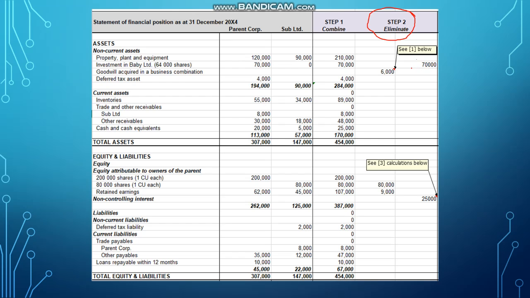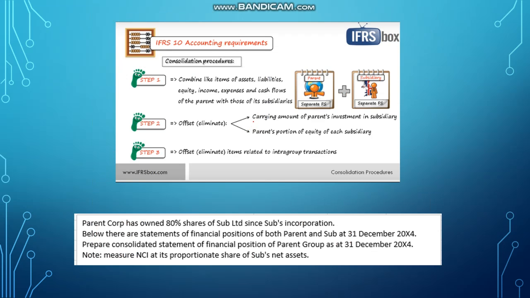So the first thing that we'll do is we're going to eliminate the investment in the subsidiary company's accounts. As you can see, we're currently on step 2, where we'll be using both of these sections here. We'll be eliminating the carrying amount of the parent's investment in the subsidiary and the parent's portion of equity in the subsidiary as well as doing step 3, which is eliminating items related to intergroup transactions, which as we know them as intercompany transactions.